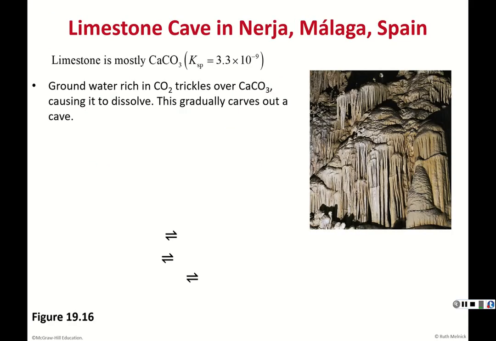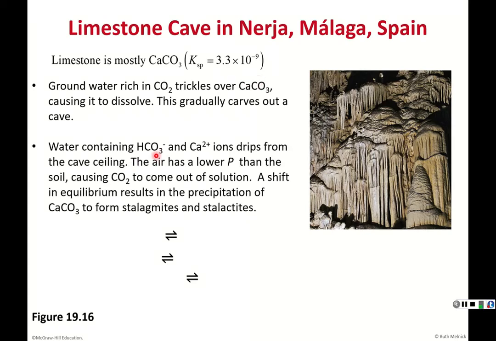The book gives this example too, of limestone. Limestone is mostly calcium carbonate, and it gives the Ksp value there. Groundwater that's rich in CO2 trickles over calcium carbonate, and that causes some of it to dissolve, because the CO2 shifts the equilibrium and you dissolve more of the carbonate out.